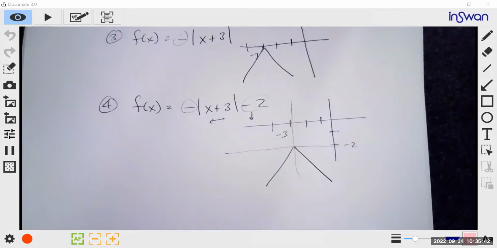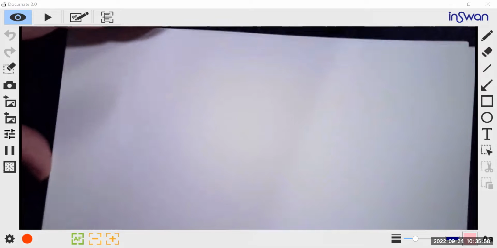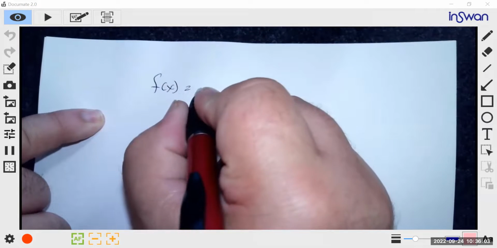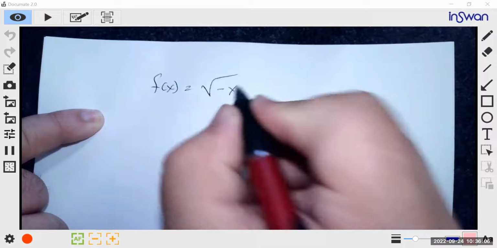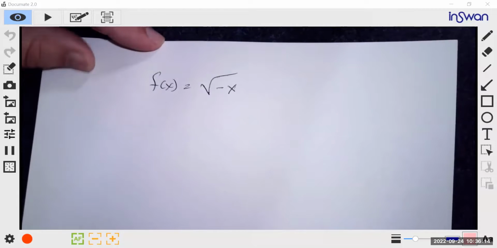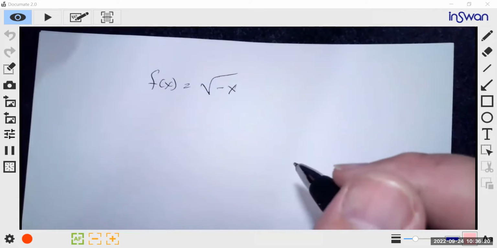So far, so good. So if it's outside the function, then it's a flip across the x-axis. If it's inside the function, you flip across the y-axis. If it's outside, you flip across the x-axis.